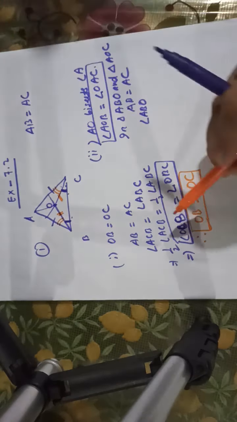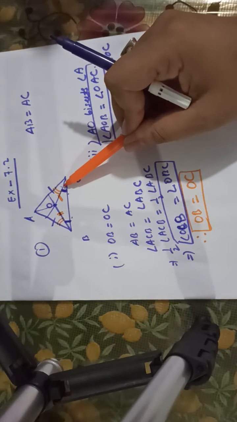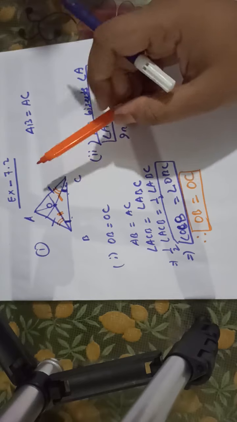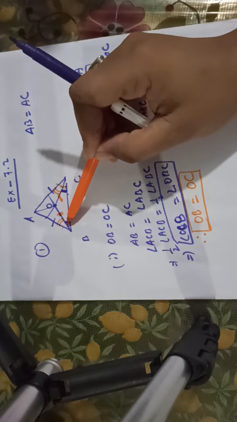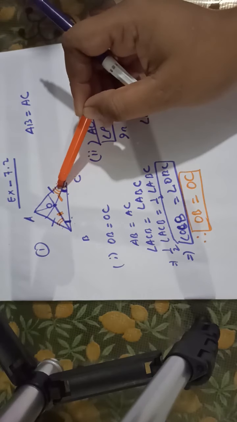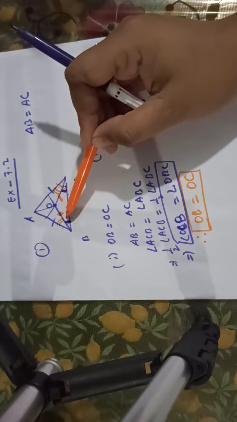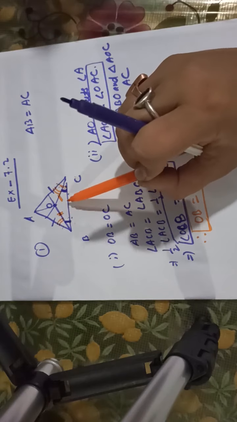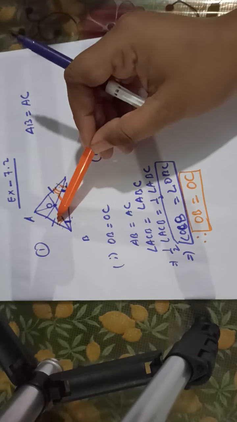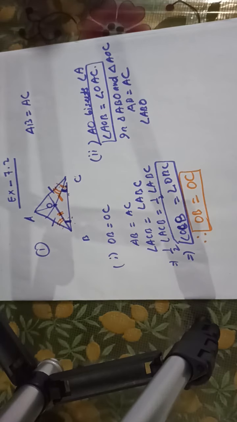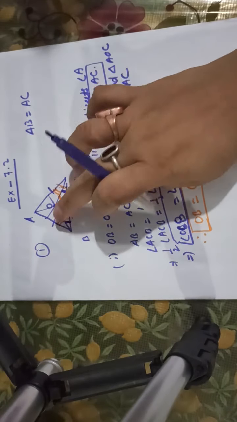Why is it equal? Because we have halved the whole angle C and the whole angle B, so this part is equal to this part, since the whole angle is divided into two equal angles.